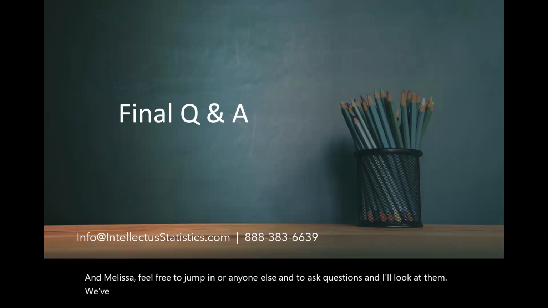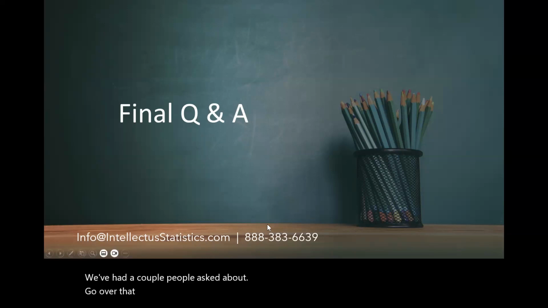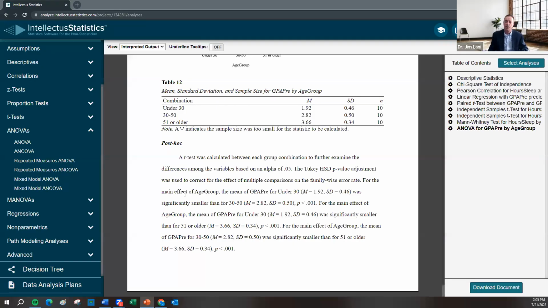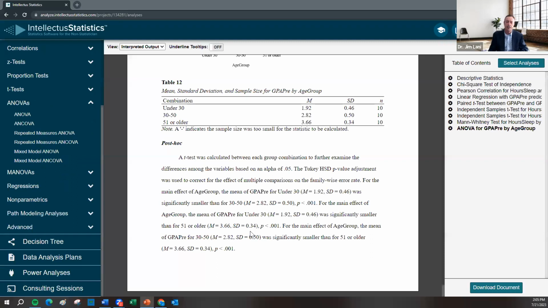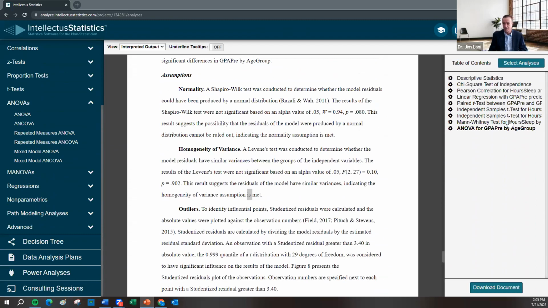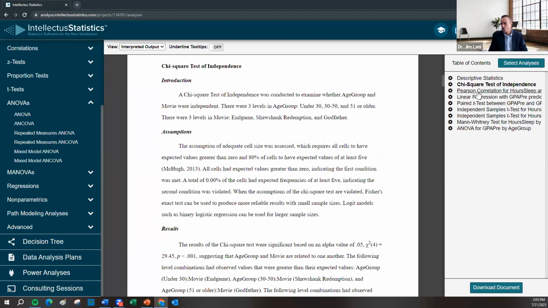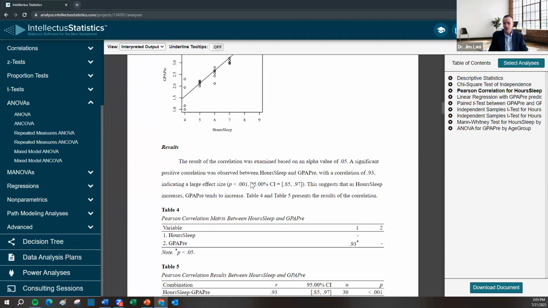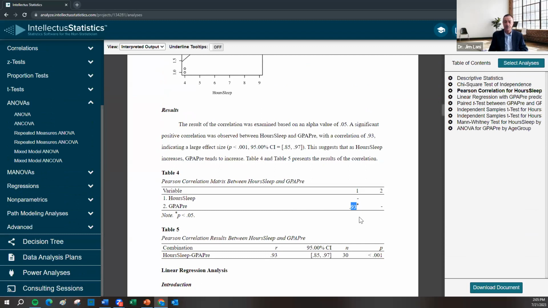We've had a couple people ask about effect size, so if you can go over that again, I think that would be helpful. Yeah, so effect sizes are important in a couple of ways. Effect sizes in the context of what we've been doing here really answer the question of how important this relationship is. So if we look at the correlation, for example, this correlation coefficient is an effect size, and it speaks to how important that relationship is.